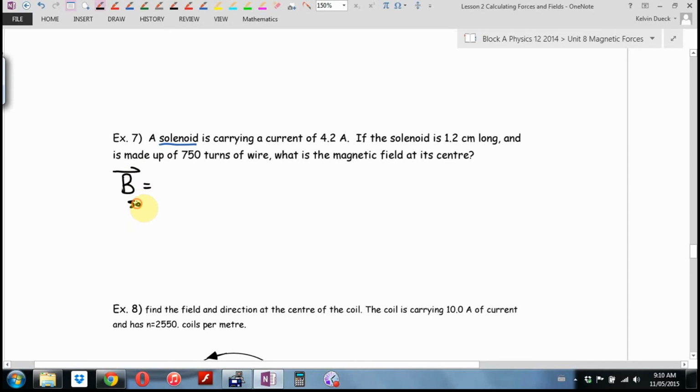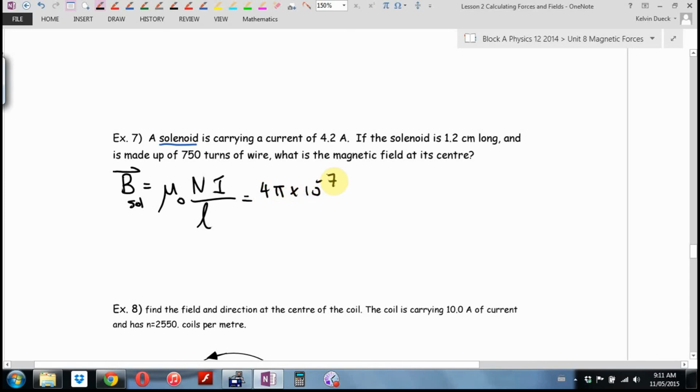And B from a solenoid is equal to mu naught N I over L. That's right from your formula sheet. This one I want all of you to try on your calculator because some of your calculators might deal with pi strangely. Mu naught is 4 pi times 10 to the negative 7.